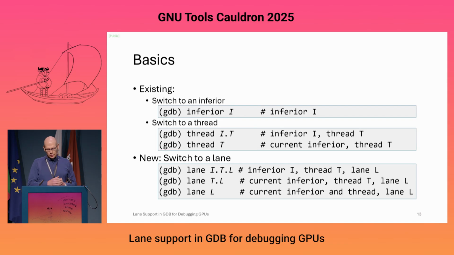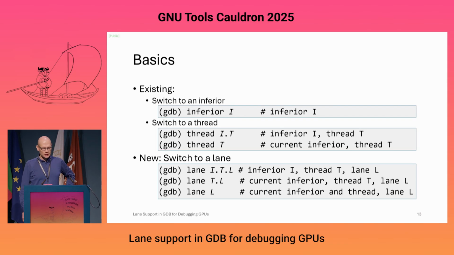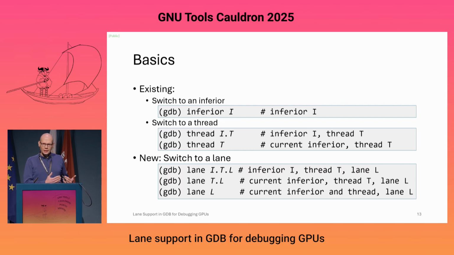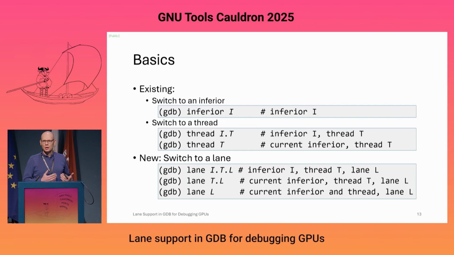Today, in existing GDB, you can switch to an inferior or you can switch to a thread. An inferior means, if you are debugging a core file, for instance, it's the core file, or if you are debugging a live process, it's the process. And then you can also switch the thread. This is how the user changes the context.